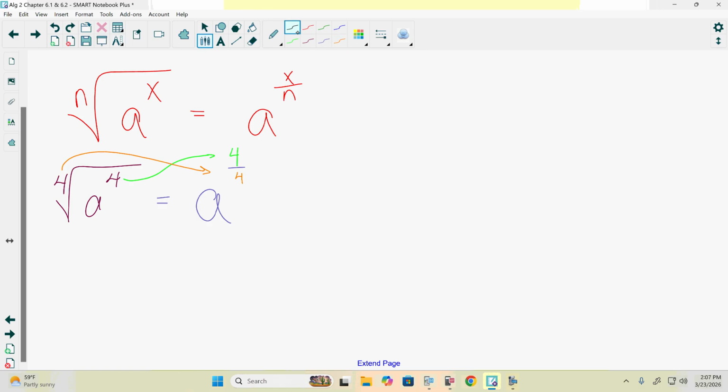So the fourth root of a to the fourth is a to the 4/4. What is 4/4? It's just a to the first, or just a. This is why that cancels, why we can just cross those out, we're done.